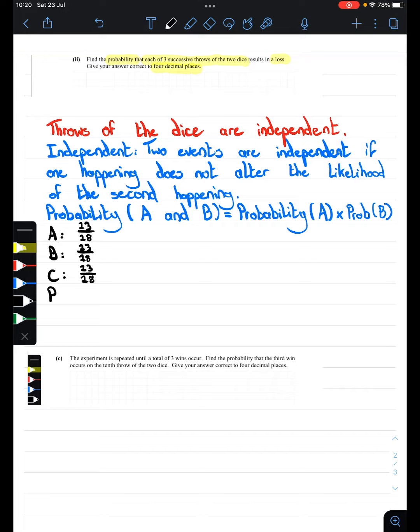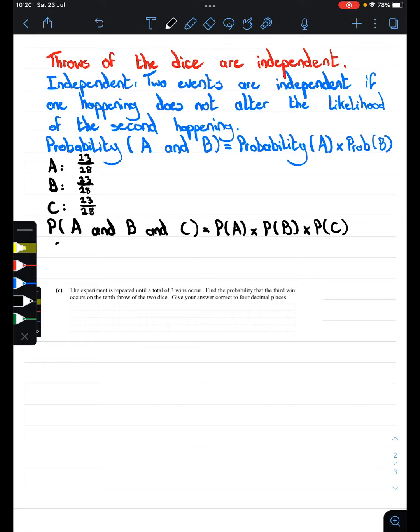So the probability, let's just call that P, of A and B and C is just the probability of A times the probability of B times the probability of C. And so it's just 13 over 18 by 13 over 18 by 13 over 18, or just 13 over 18 cubed, which is 0.3767.